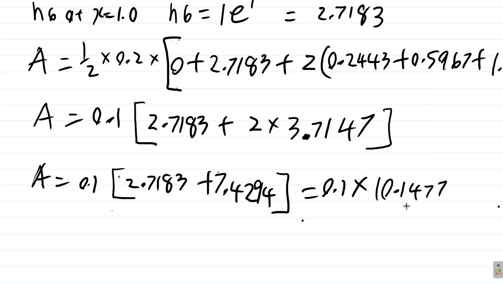All right, and then when you multiply this by 0.1, you get 1.0147. Let's write it to 3 decimal places. 1.015 it would be, right? If you write it to 3 significant figures, it would be 1.01. So that's what we have.